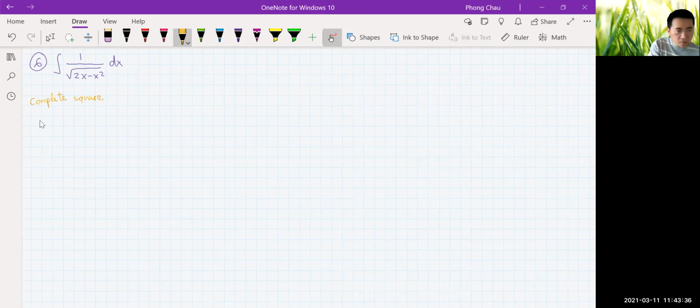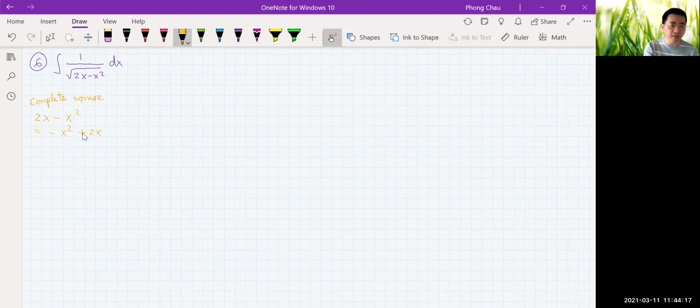So let's look at the radicand, 2x minus x squared. It's not so nice, so let me rewrite it. First, notice that when you complete the square, we need to rewrite the quantity in decreasing order of the power.